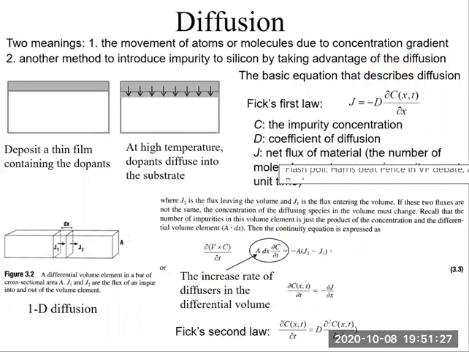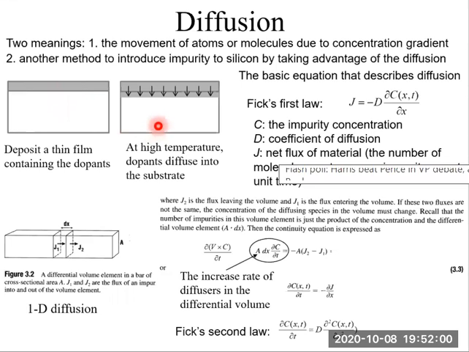Previously, we just introduced ion implantation. We can use ion implantation to dope single crystal silicon or polycrystalline silicon. And then we can also use diffusion to introduce impurities to silicon. For example, we can deposit a thin film containing the dopants, for example, boron or phosphorus.